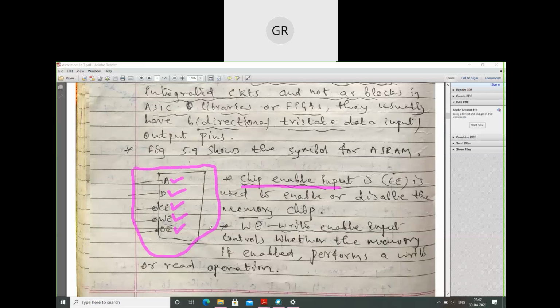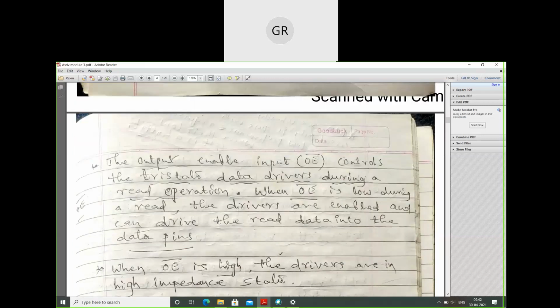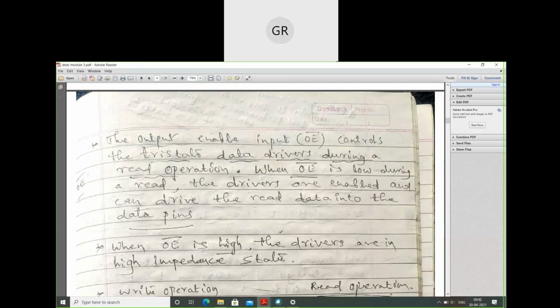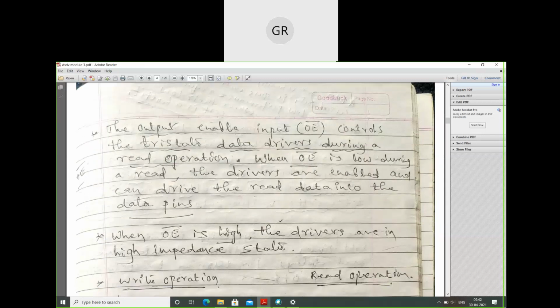The write enable input, WE bar, controls whether the memory, if enabled, performs a write or read operation. Next is the output enable input. The output enable input controls the tri-state data drivers during a read operation.